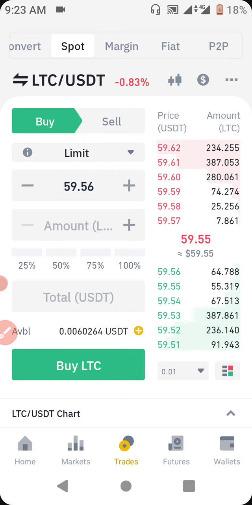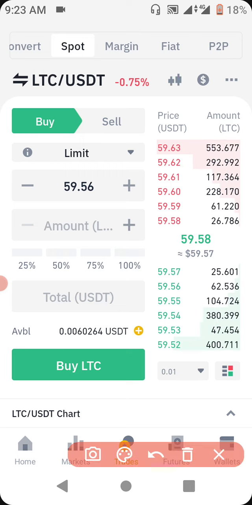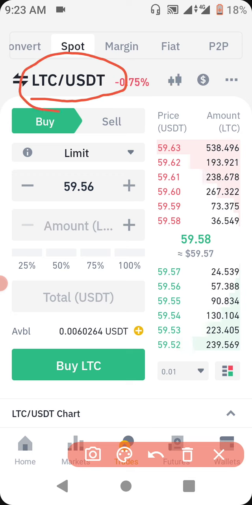Spot is all about using your balance. Let's say you have USDT in your balance.